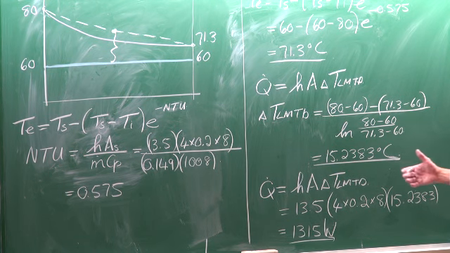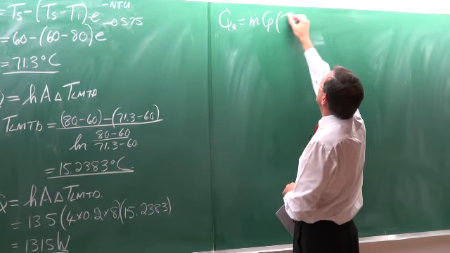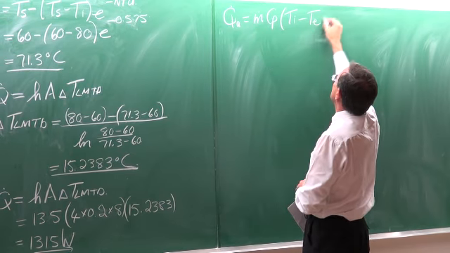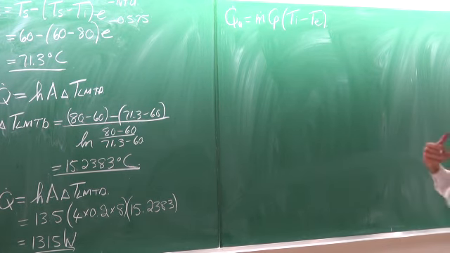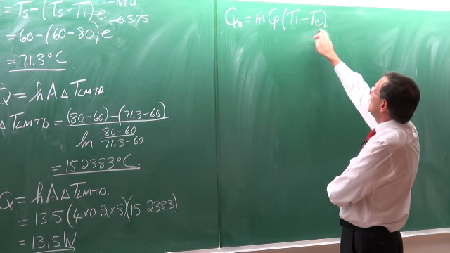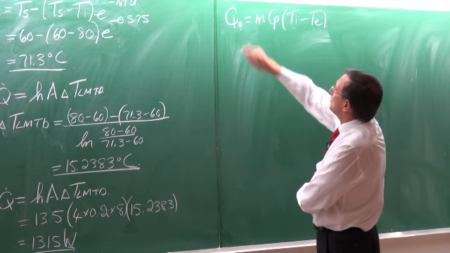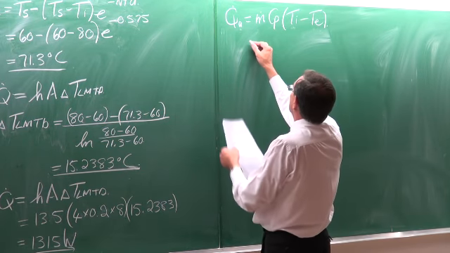The easier method would be just to look at the air side. On the air side, we have the mass flow rate multiplied by Cp multiplied by the inlet temperature minus the outlet temperature. So we can just look at the temperature drop of the air from inlet to outlet. We could have directly calculated it from there.